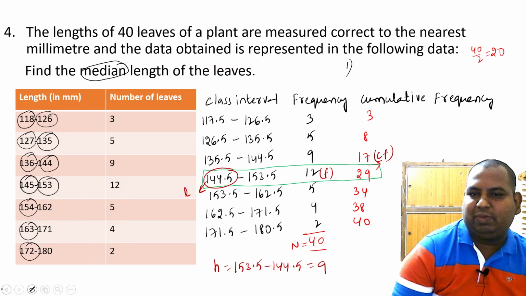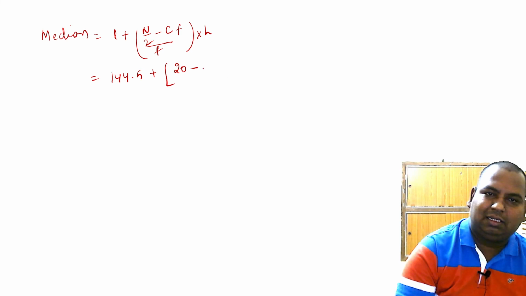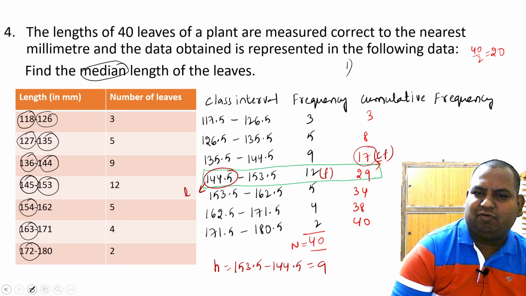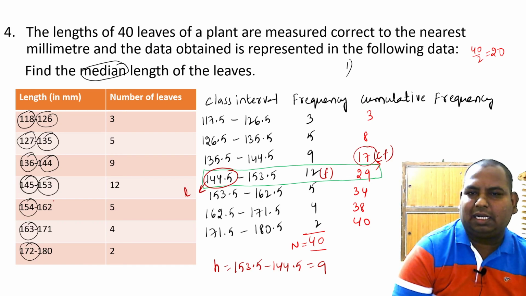CF is the cumulative frequency of the class interval preceding the median class, that is 17, by F. F is the frequency of the median class, which is 12, into H. H is the class size of the median class, that is 9.